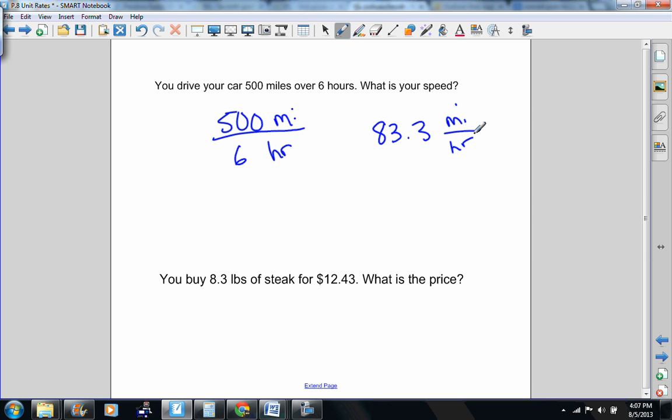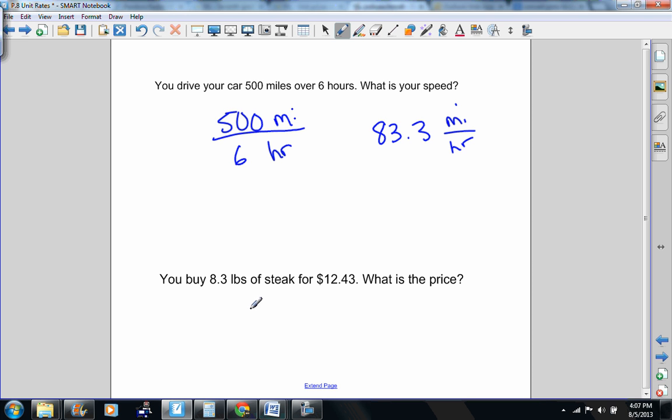So you buy 8.3 pounds of steak for $12.43. What is the price? Now it's the same question. Do we say pounds per dollar or do we say dollars per pound? And I hope that you know that we say dollars per pound in the real world, so that's what we're going to do here.